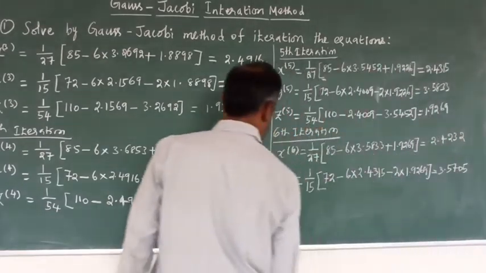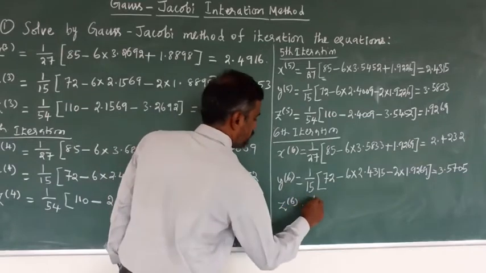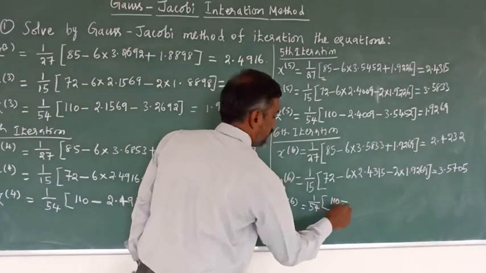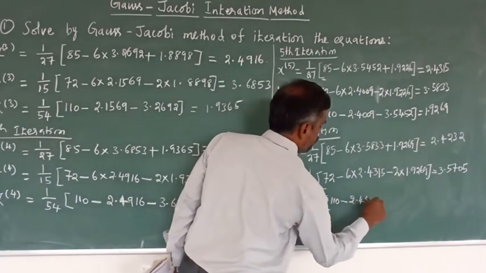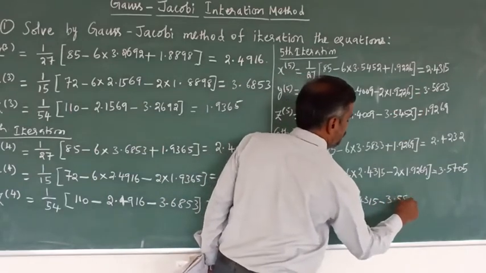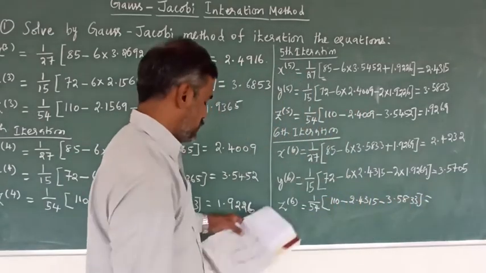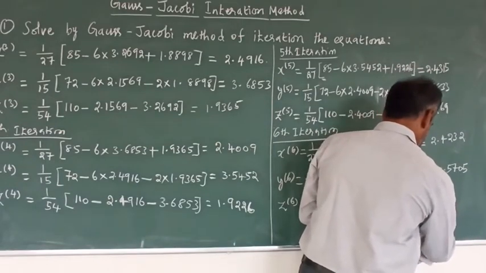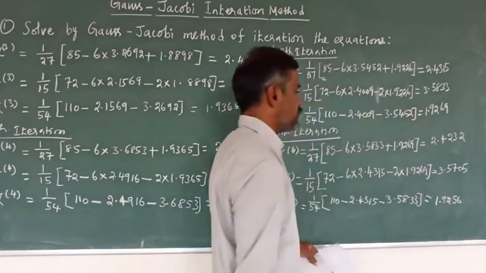And z6 equals 1 divided by 54 within bracket 110 minus x value 2.4315 minus y value 3.5833, and then simplify, we can get the result 1.9256.